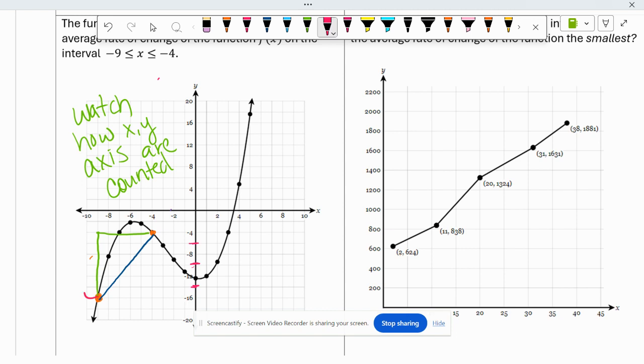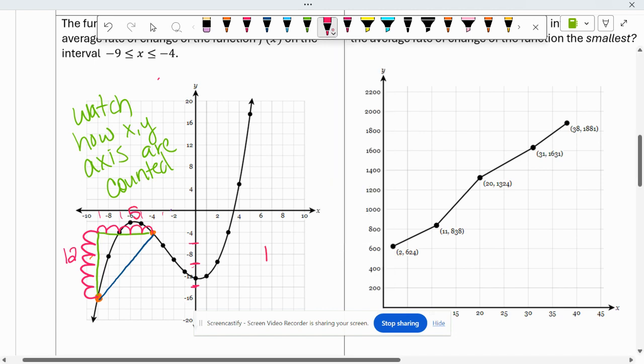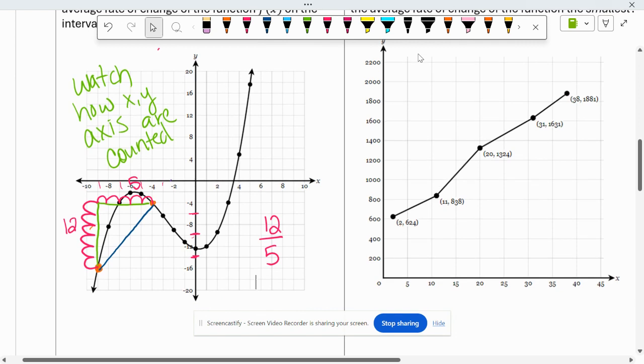So when I count how much I go up 2, 4, 6, 8, 10. I go up 12, and then my x-axis is just being counted by 1s. So when I run to the right, I run 1, 2, 3, 4, 5. So my change in y over my change in x. That's my average rate of change, because remember, average rate of change is slope.